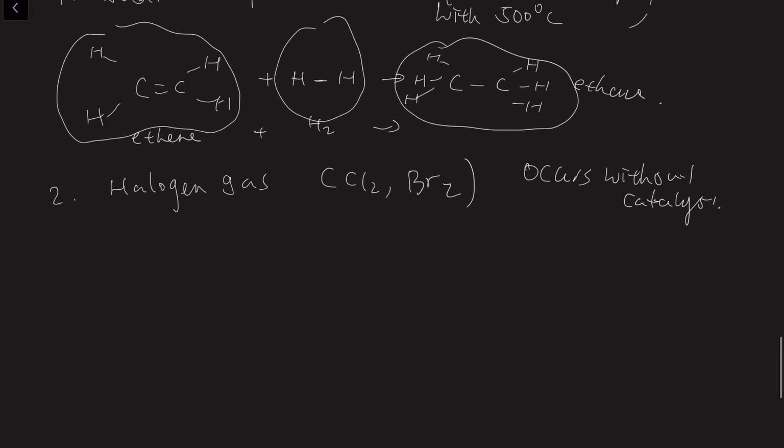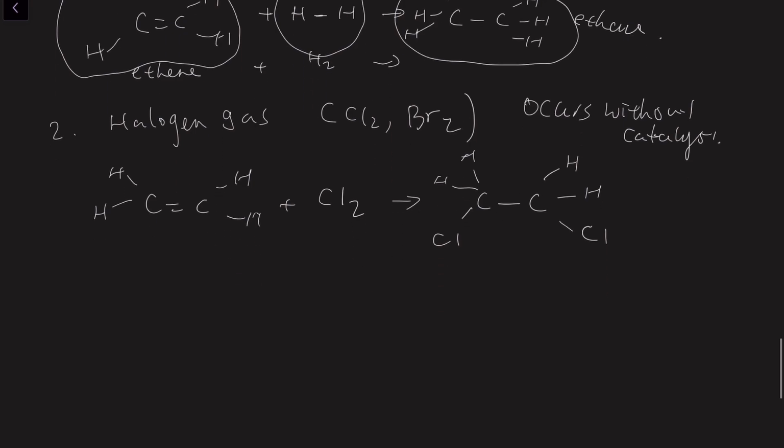So still you have the ethene, and then you add, for example, chlorine gas. And what you do is you break the double bond, and so each carbon can now connect with one more atom on both sides. So this is the final product.